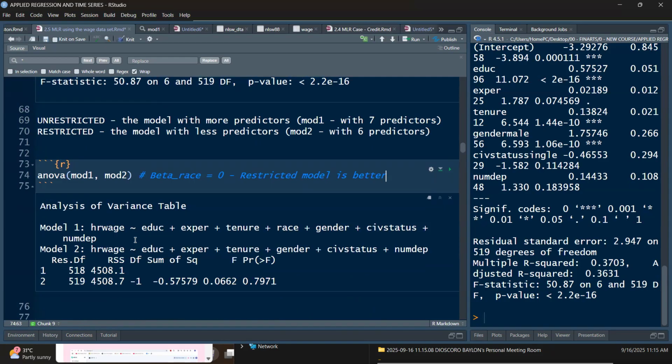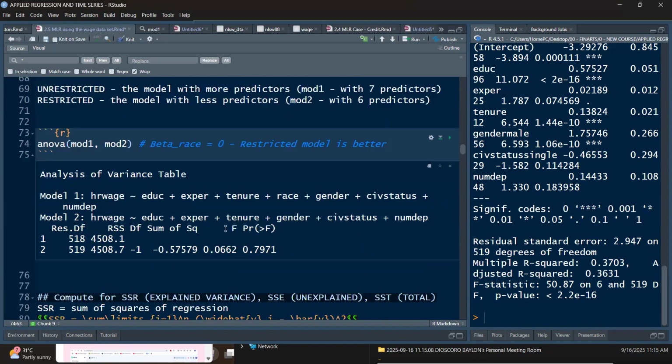Okay, so if we run this last time, we saw model 1. Model 1 contains your race. This is your unrestricted. Model number 2 is your restricted, without race here.